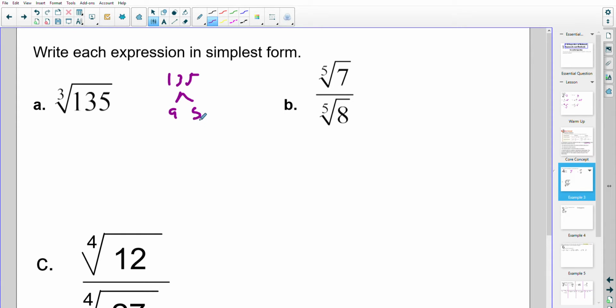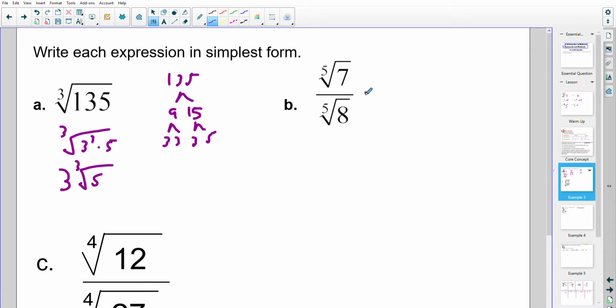So that's where you have 9 and 15, and that's 3 and 5. That tells me this can be written as 3 to the 3rd power. There are 3 of them, 1, 2, 3. 9 is 2 more 3s, and times 5. So a 3 comes out, and a 5 remains inside it, and that would be the simplest form.